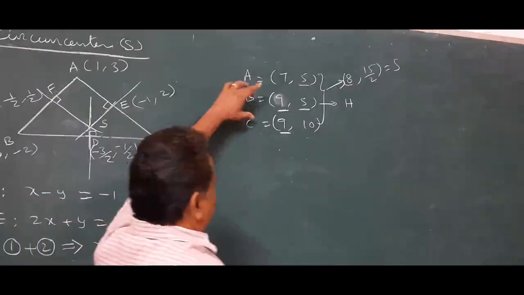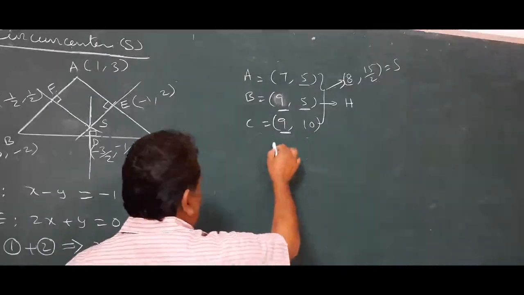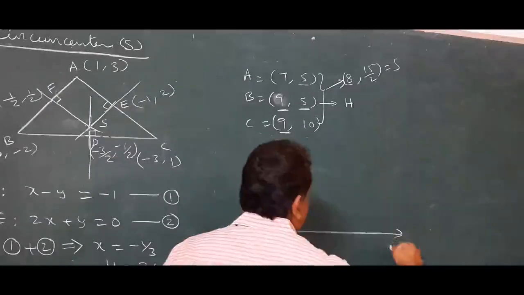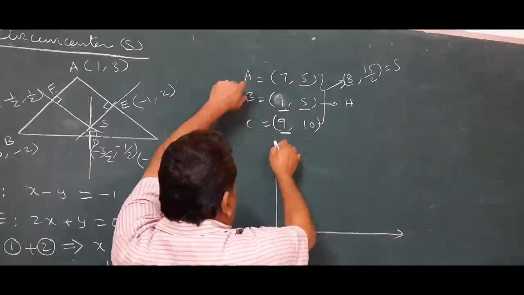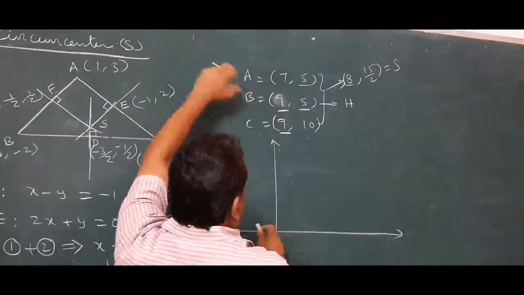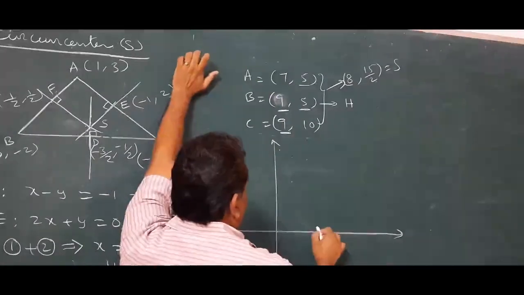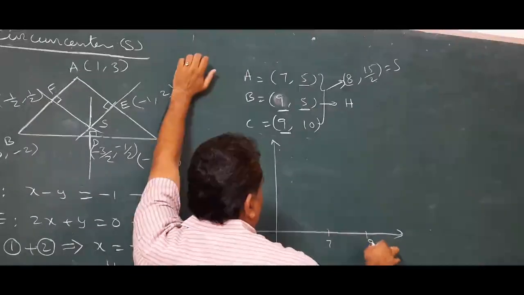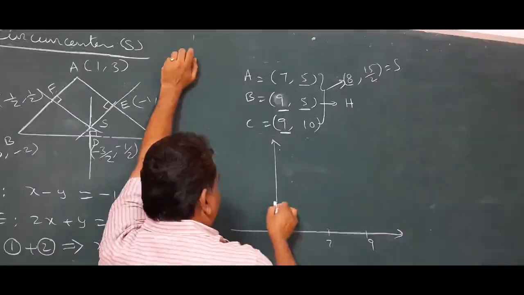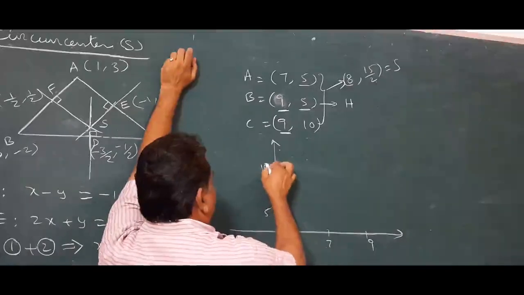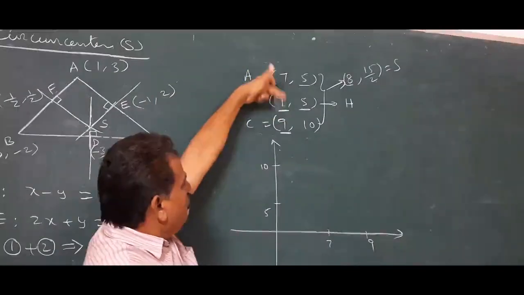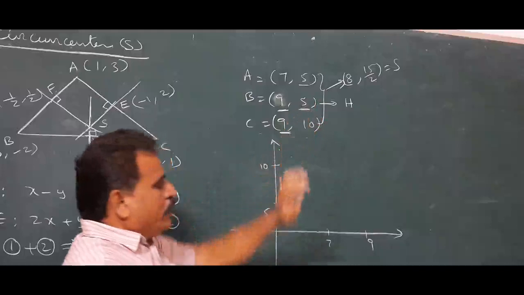Repeated x coordinates. Let us observe that by graph. Plot on the graph 7, 5. First x coordinates: here 7, here 9. Y coordinates: here 5, here 10.